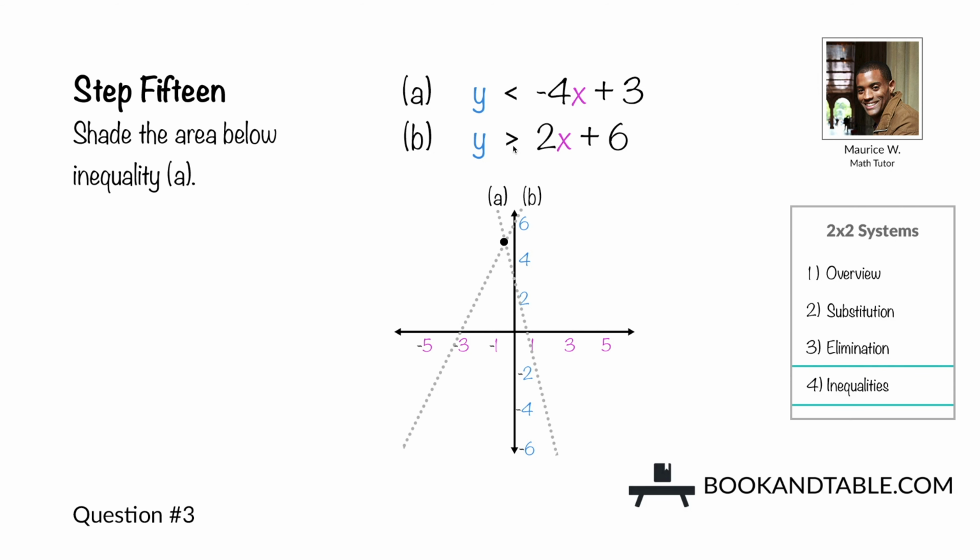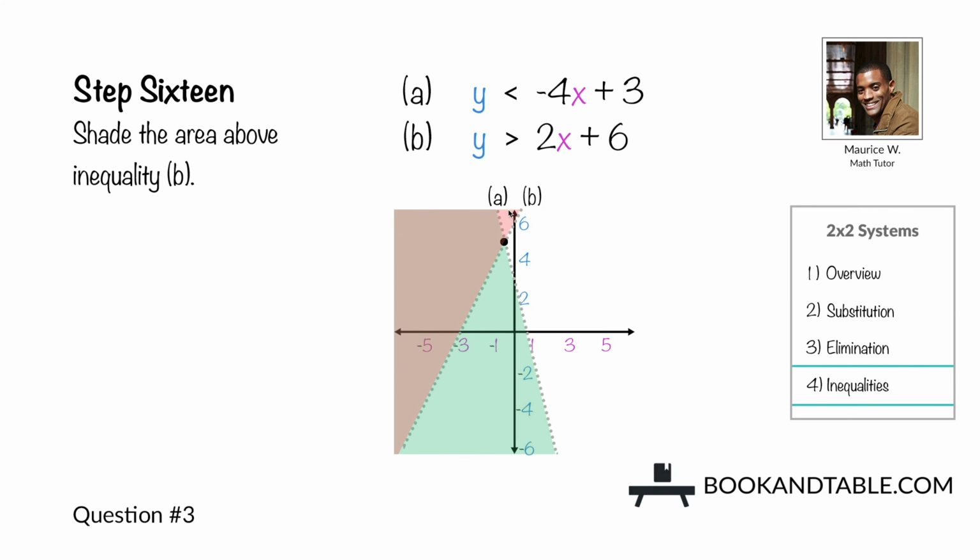And now that we have the lines for both A and B, step 15, shade the area below inequality A. We're shading the area below since we have less than. So we go to A and shade the points to the left or below that line. And now step 16, shade the area above inequality B since we have greater than.